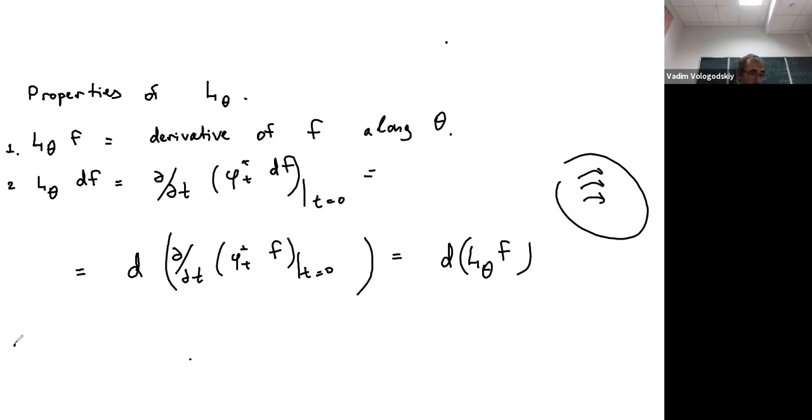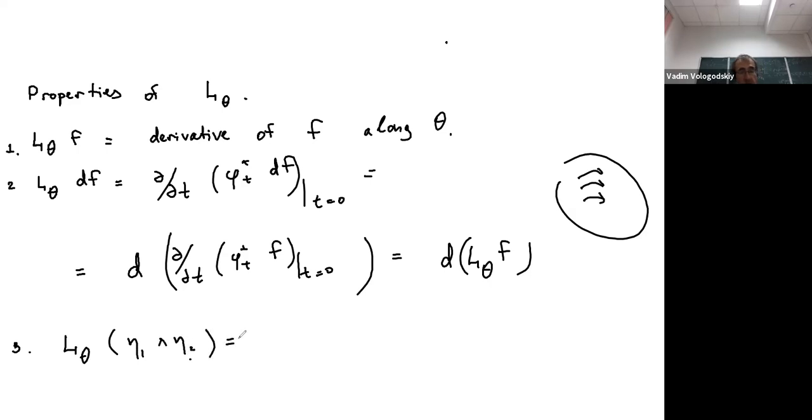And the last property that I need is, I want to know how the Lie derivative behaves with respect to the product. So the Lie derivative of eta 1 wedge eta 2.